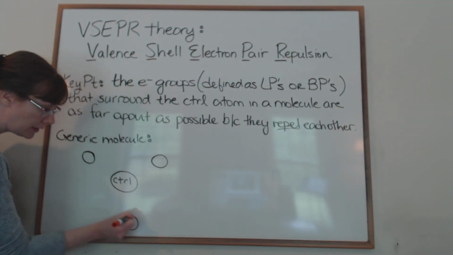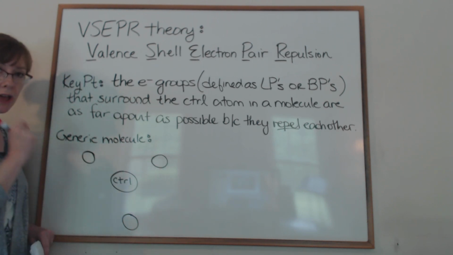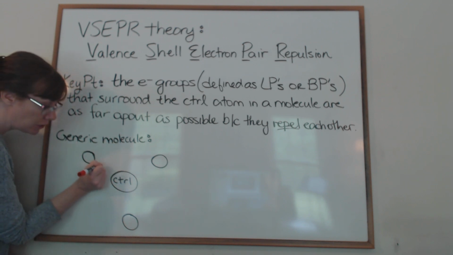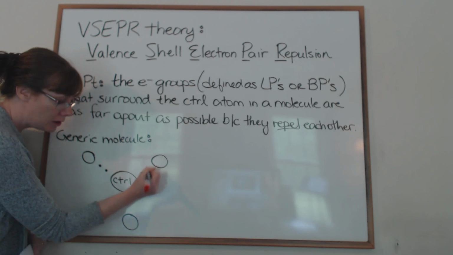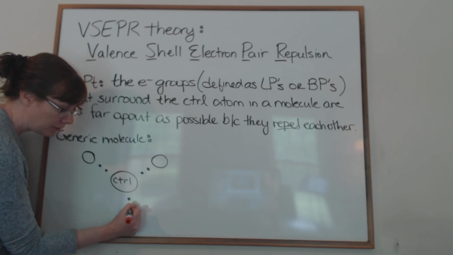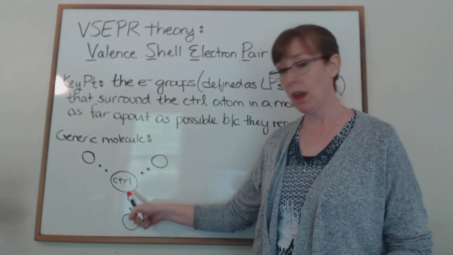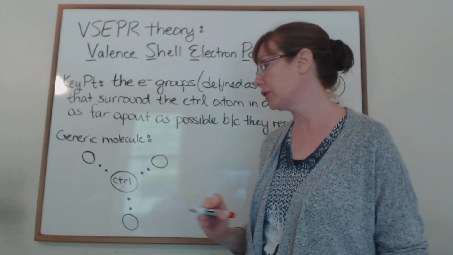So I'll just draw them like this for my picture here. So you've got 3 other atoms bound to a central atom. And let's just remember, if you have a chemical bond, that means you're sharing electrons. So in this case, I'm just going to draw the double dots. Usually I have you drawing dashes to represent a bonding pair. But let me just come back to this to help you remember that these are indeed electrons.